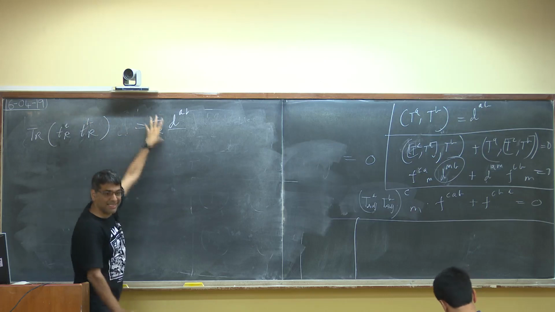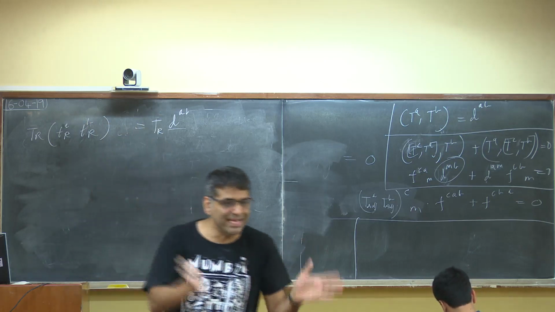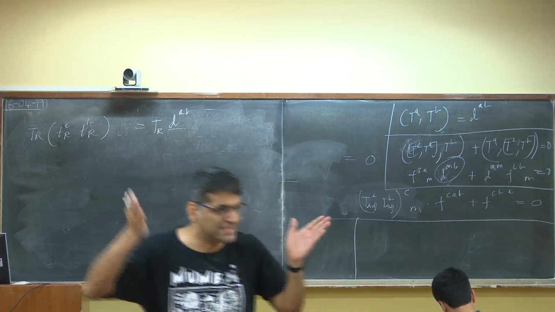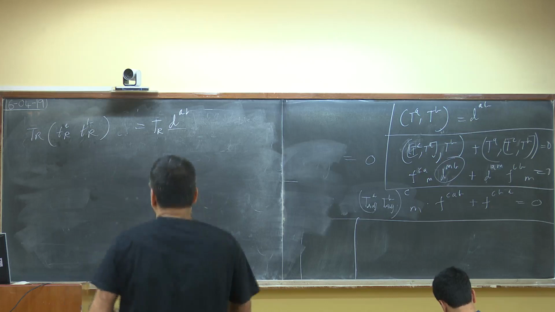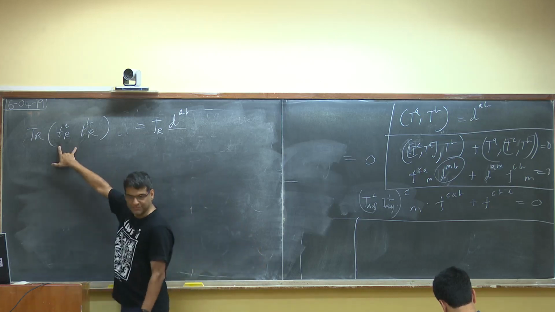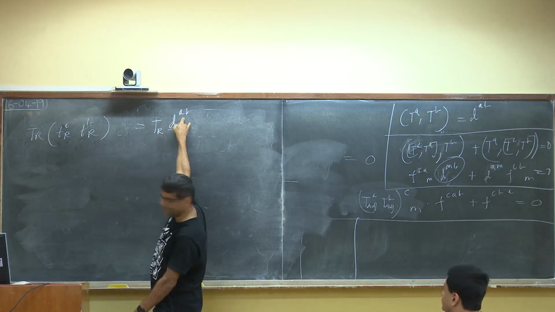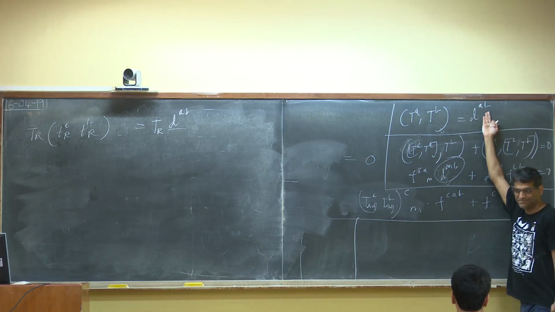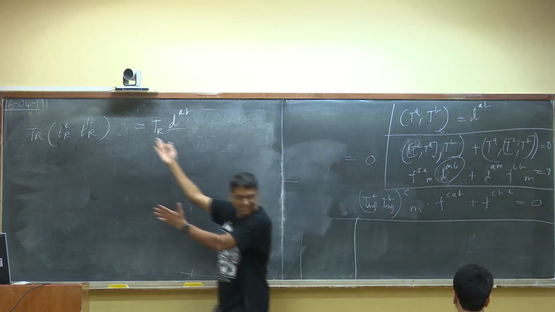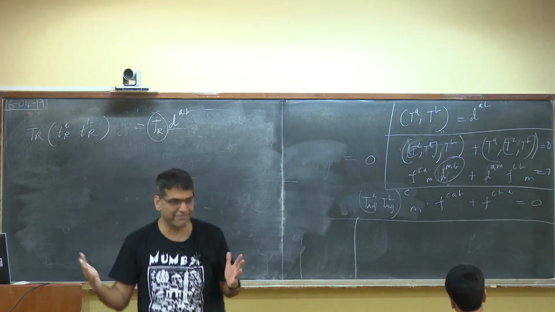So this T_R is invariant under changes of basis within the algebra. It's something that characterizes the representation itself. Under a change of basis, this side transforms in exactly the same way as that side, so those things cancel out. So this quantity is some invariant that characterizes just the representation itself.